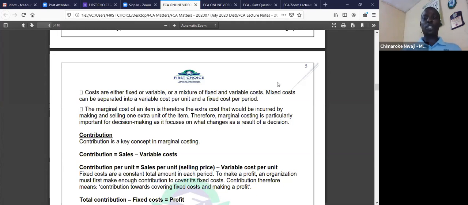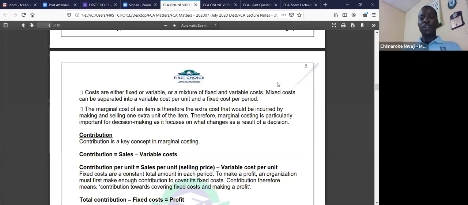So how will you know that a cost is not fixed and it is not variable? How do you know that a cost is fixed, first of all? If it is fixed in period 1, you will see the same amount in period 2, perhaps the same amount in period 3, you know it's fixed. But when you see different amounts, how do you know if it varies? All you need to do is divide total cost by the total number of units.